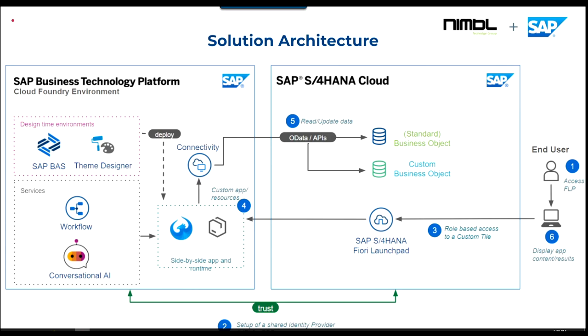And as far as the box to the right, this solution can tap into and connect to any backend, right? So right now we have SAP S/4HANA Cloud, but if you're running ECC6, we can integrate the BTP AP solution with your ECC backend system.